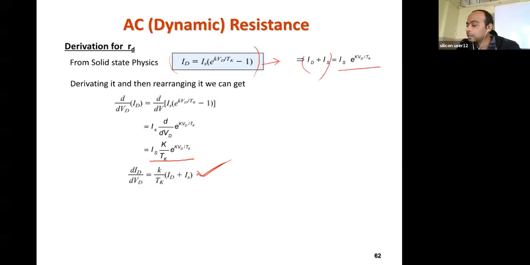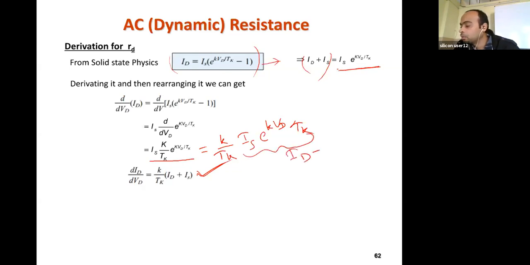If we differentiate, k by Tk into IS e to the power k Vd by Tk is nothing but equal to ID plus IS. So that has been written in the last equation: dID by dVd equal to k by Tk into ID plus IS.